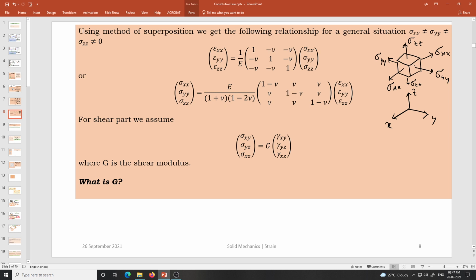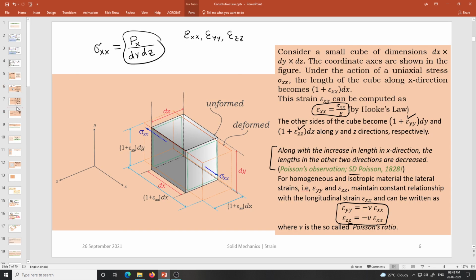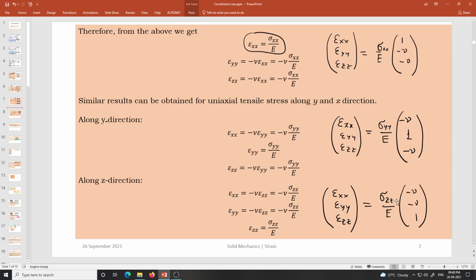For this case, we shall see that the amount of strain can be calculated as a combination of contributions coming from sigma xx, sigma yy and sigma zz.